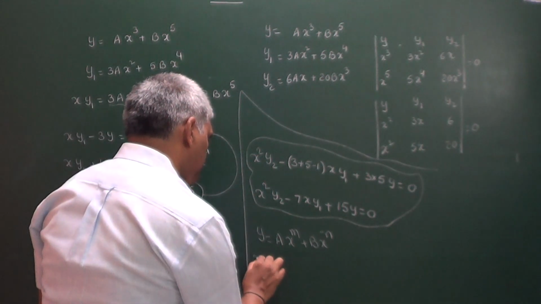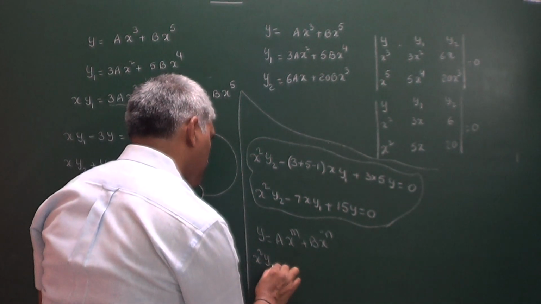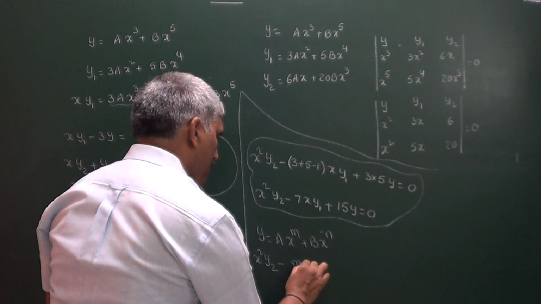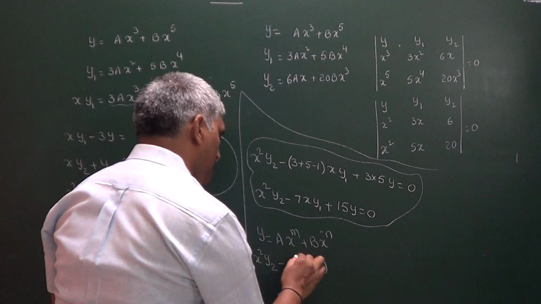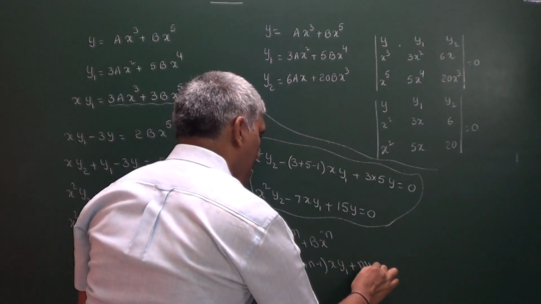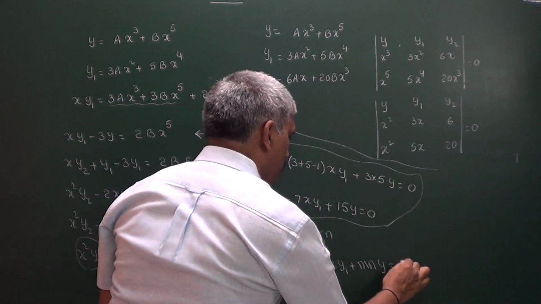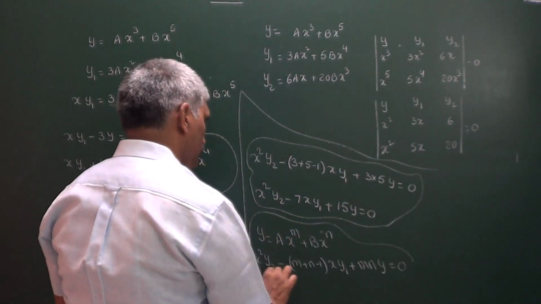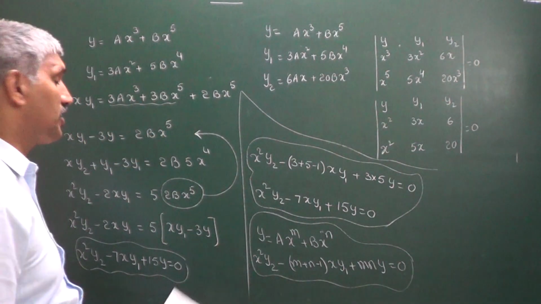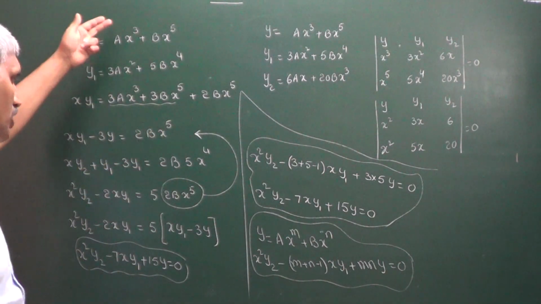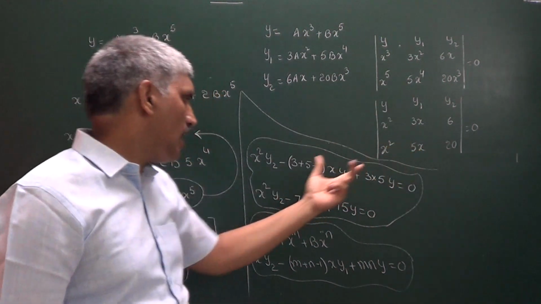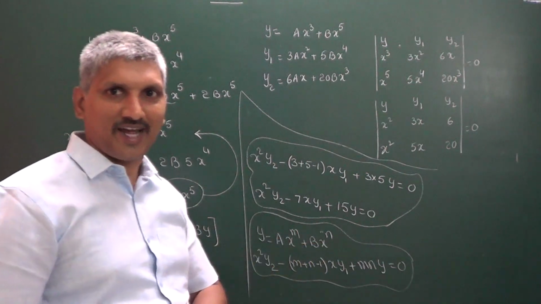We can find out the differential equation for that curve: x square y2 minus m plus n minus 1 into x y1 plus mn into y is equal to 0. So that is the another way of doing this particular question, right? So this is the regular method. The same we can use the regular method only almost, and this is the technique we can use, right?